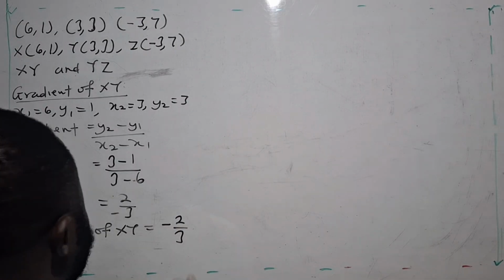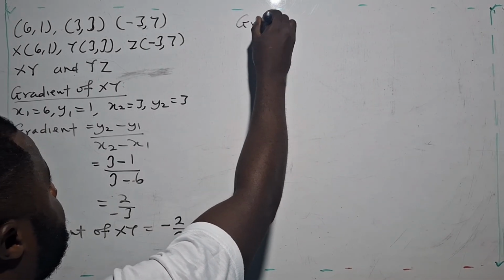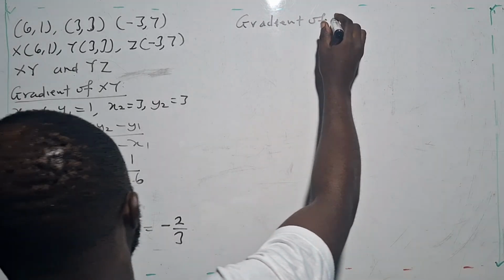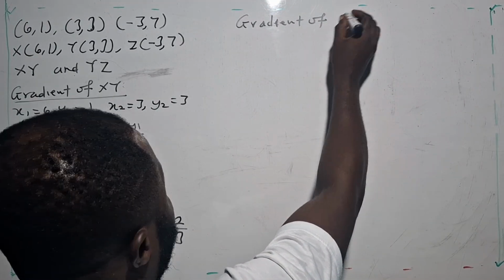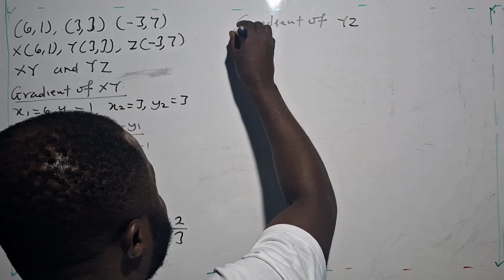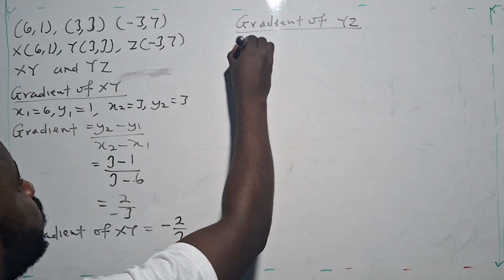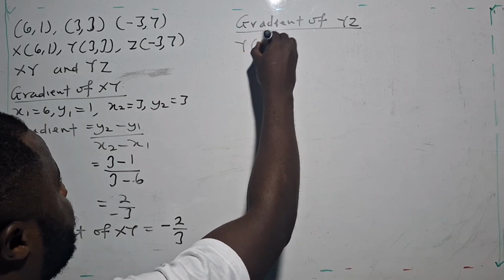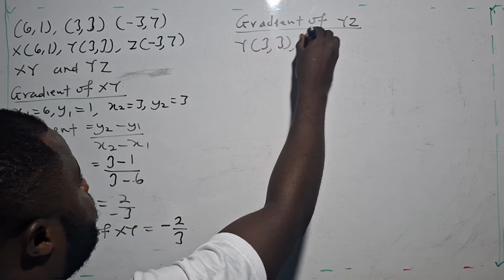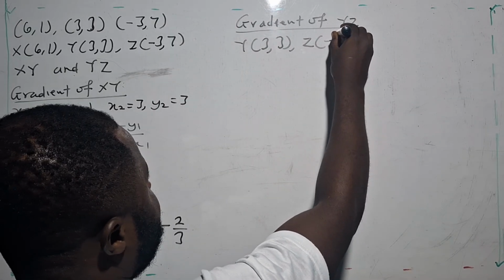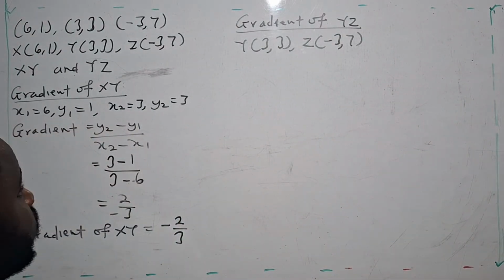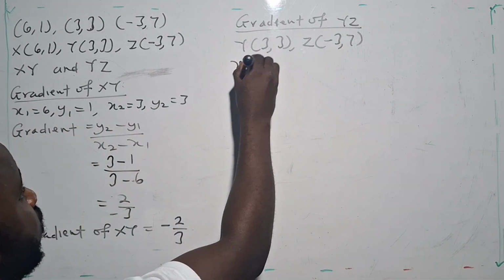Now let's find the gradient of YZ. What are the points for Y? Y is (3, 3), Z is (-3, 7). So let's identify our x and y coordinates.